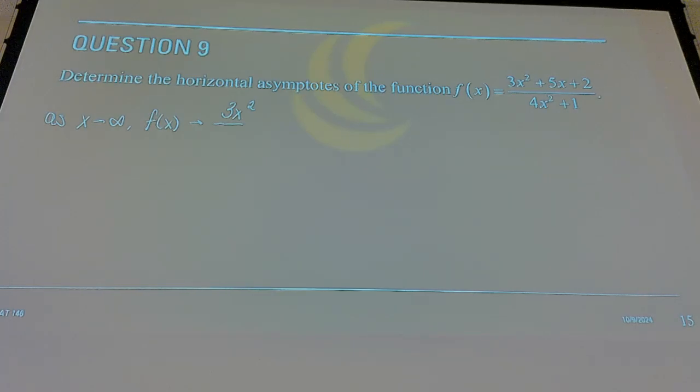Which means 4x squared plus 1 would behave as what for extremely large values of x? 4x squared. It would just be 4x squared, wouldn't it? What is that? Which tends to 3 over 4. So 3/4 would be a horizontal asymptote.